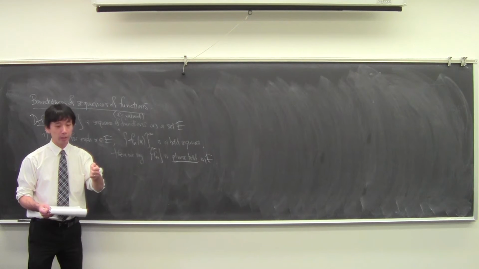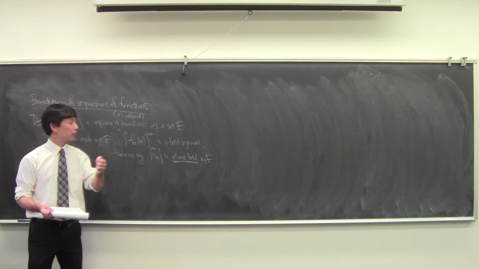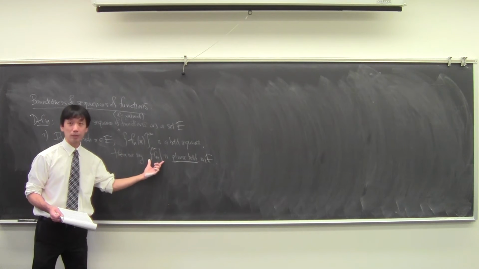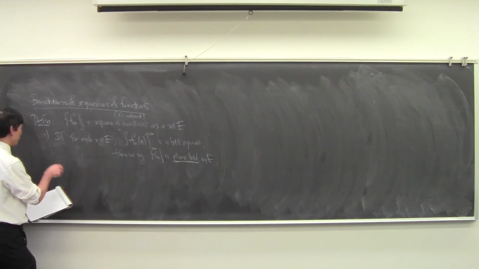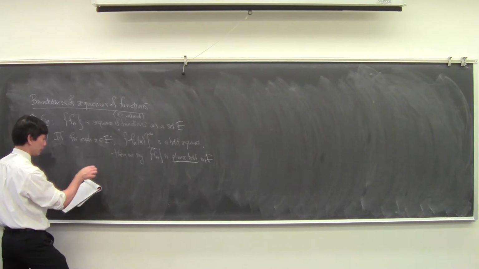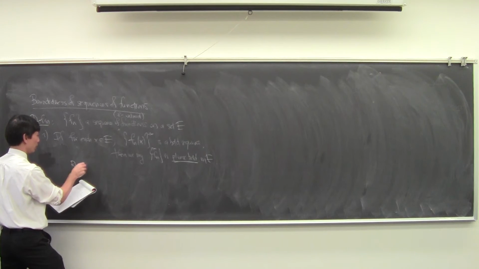And if at each point that collection of values is bounded, then you say that the sequence of functions is pointwise bounded. Okay. Now that's different from the stronger second condition. So let me say it this way. Remark.